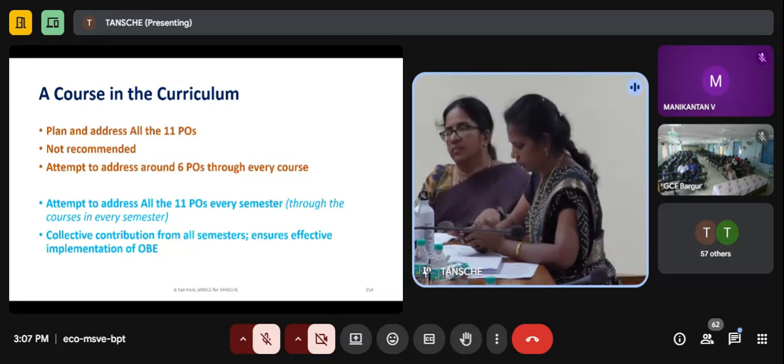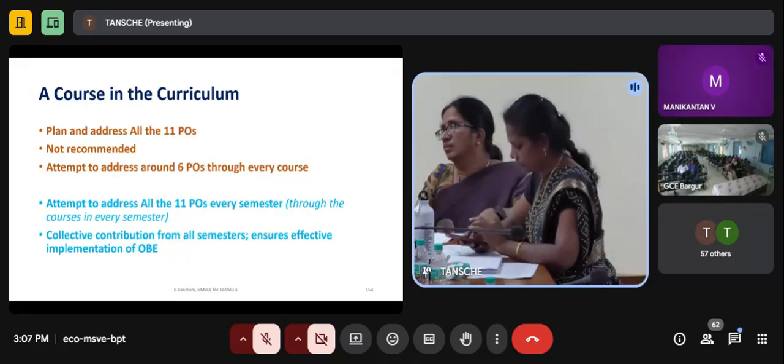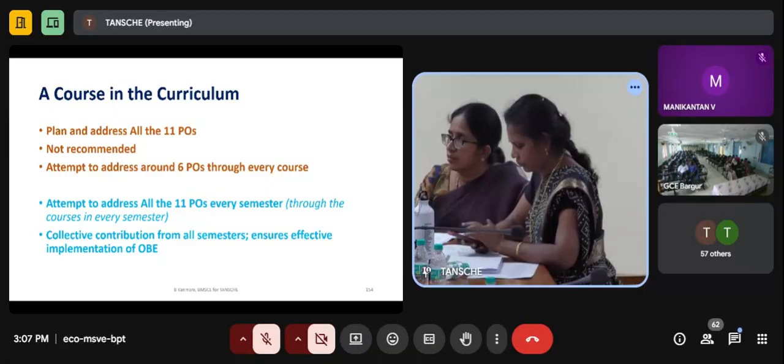And we'll come out with the semester articulation matrix. And then we add all the 8 semesters, we'll get the program articulation. It becomes a good practice. So this is just a suggestion. And when every semester we do this, then do we all agree that OBE is going to get implemented much better than what we are doing now? Yes.